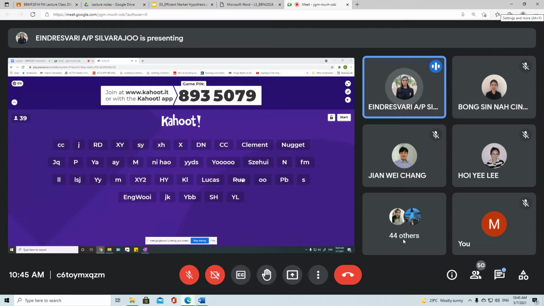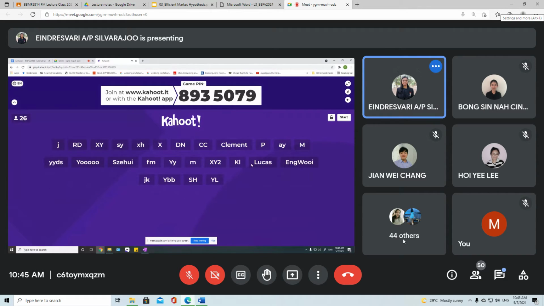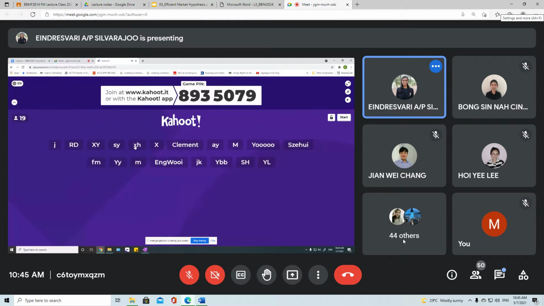Can you all type your correct name? All these I'm rejecting. Type your correct name quickly. Type your full name. You will not lose anything, right? Type your full name or else your last two names.